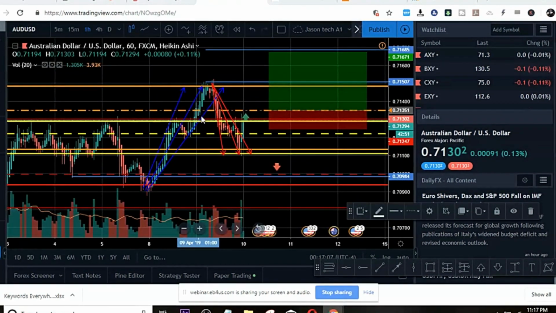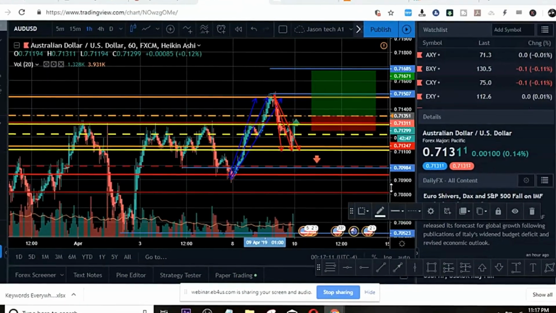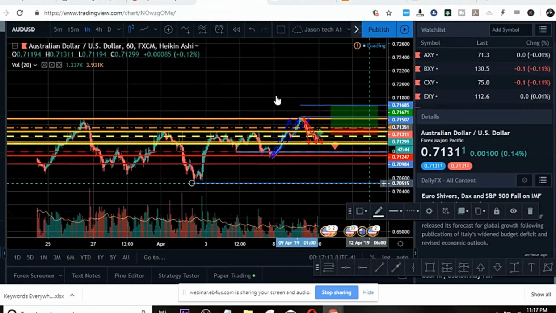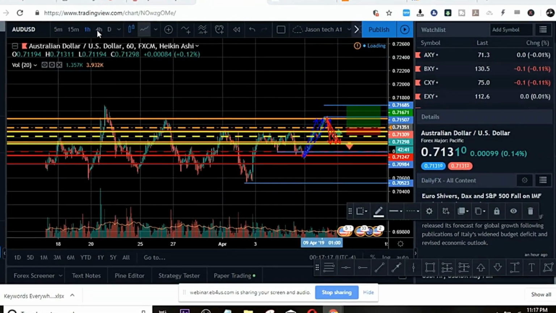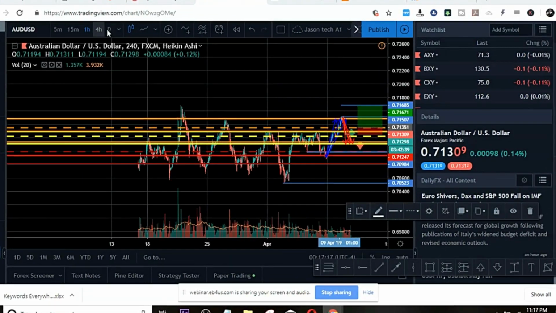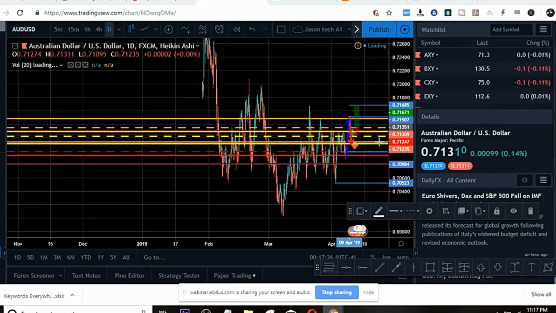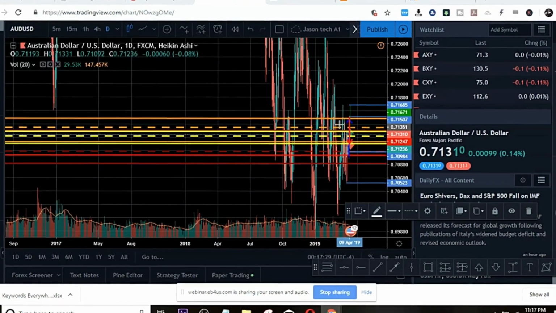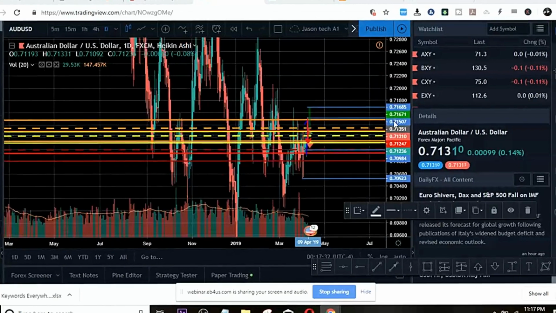I'll zoom out on my chart and see where it's actually at. Sometimes you won't even see it. But as you see, if it's where I think it is, it's way at the top.